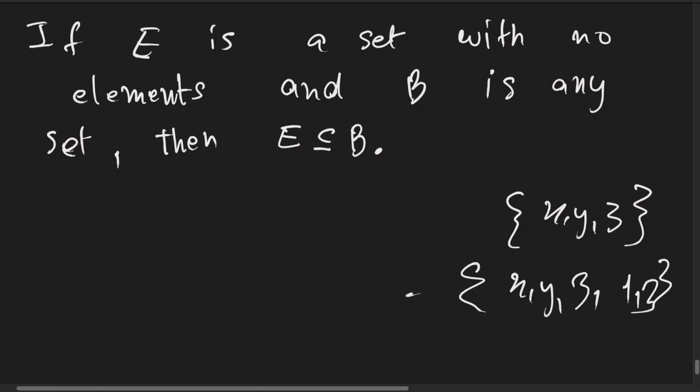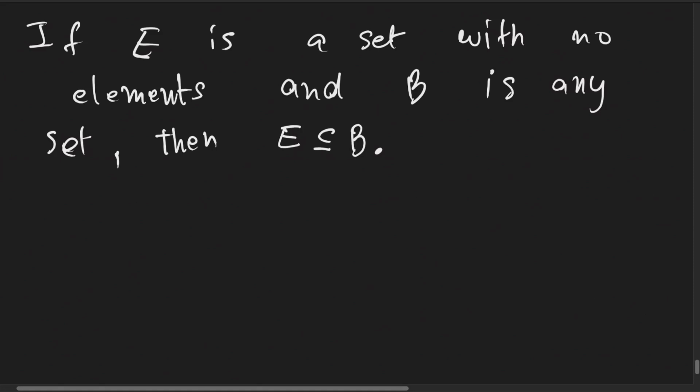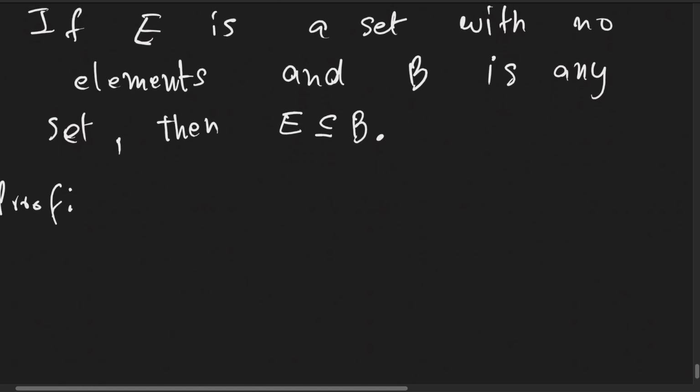So we have to prove this statement, and we can use proof by contradiction here as well. This is how a proof would look. First, we'll assume that the negation of this statement is true. So let's write the negation first.